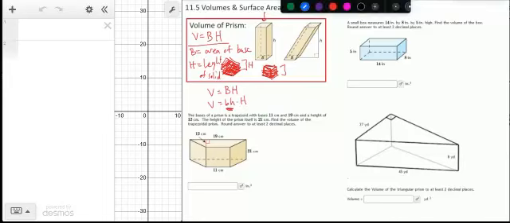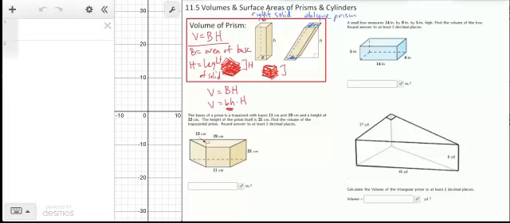As far as the types of solids, I've mentioned this before, but we are going to focus on what are called right solids. A right solid means that the top base and the bottom base are directly on top of each other. Okay, they're at a right angle to each other. This example here where your top base and your bottom base don't line up vertically is called an oblique prism.